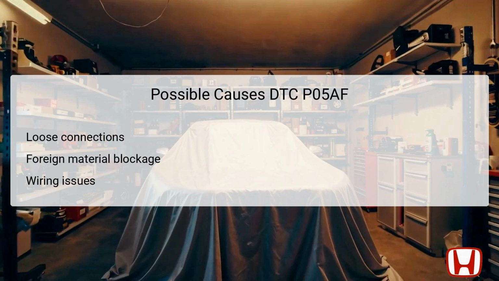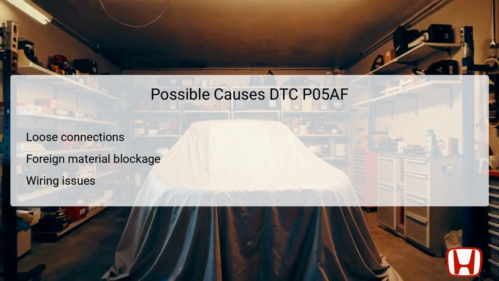Diagnosing the P05AF code necessitates consideration of various potential causes. Loose connections and terminals can result in intermittent failures, leading to unreliable communication between the shutter grille assembly and the powertrain control module, PCM. Another significant factor could be foreign materials obstructing the shutter's movement, affecting its ability to function correctly.